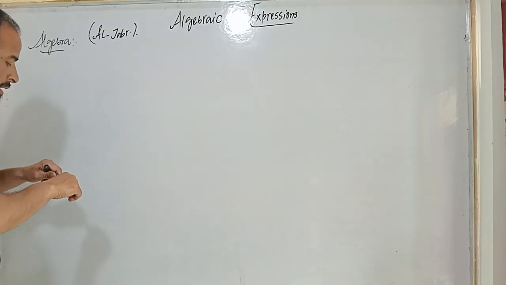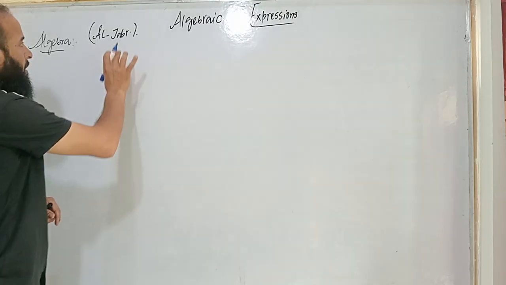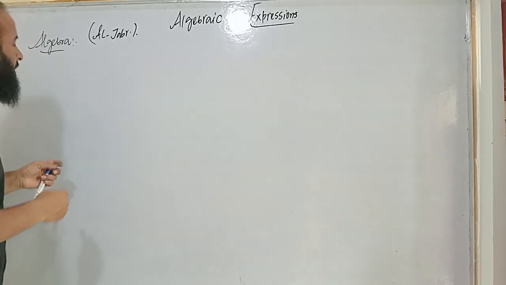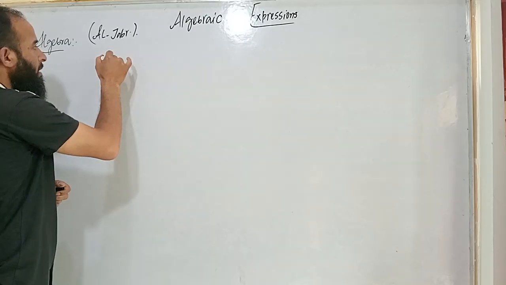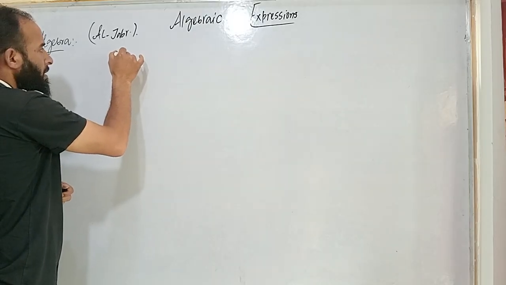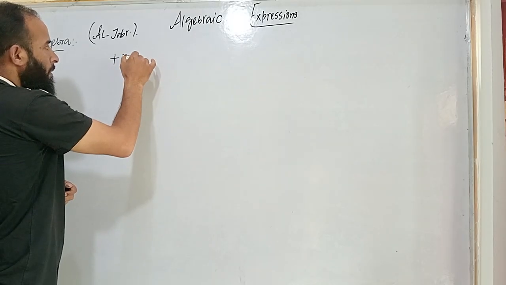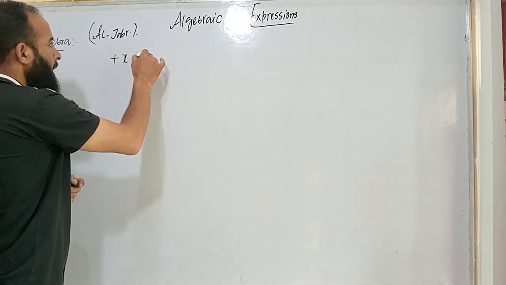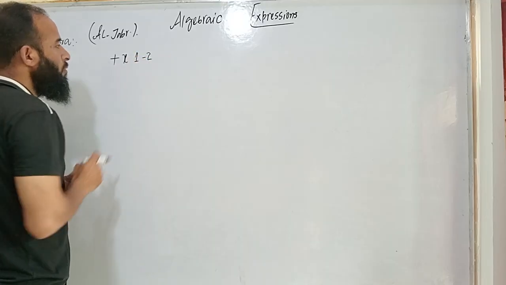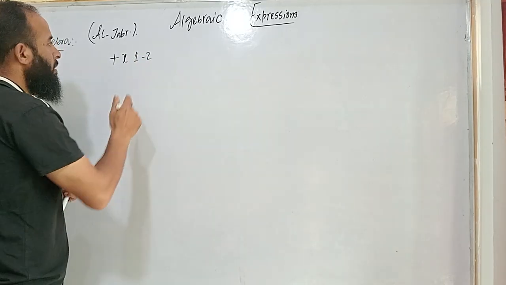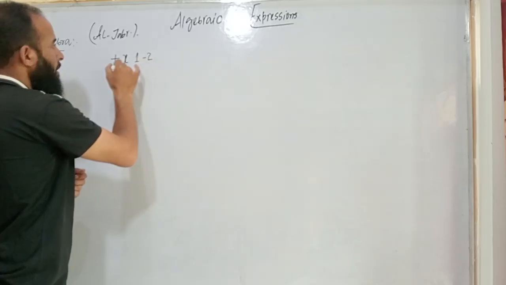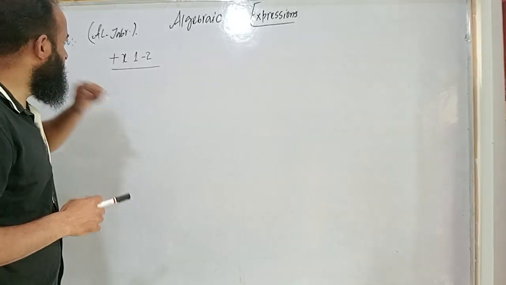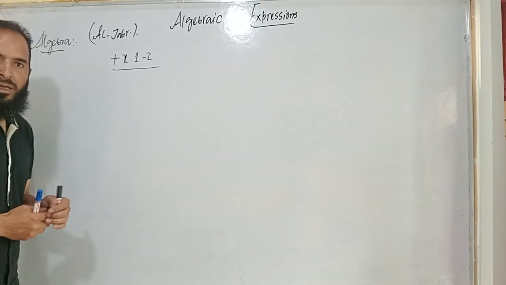It is simply, for example, I will try to make you understand by taking an example. Suppose I write plus x1 plus x1 minus 2. Does this make any sense?